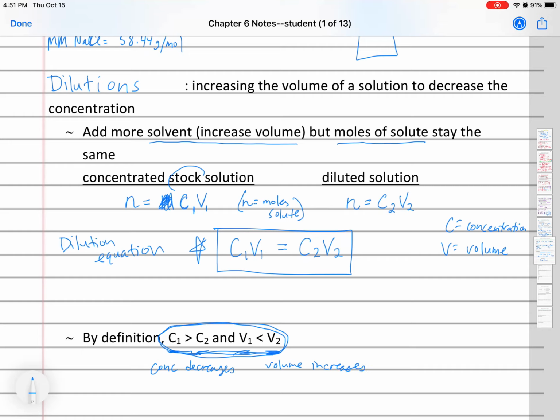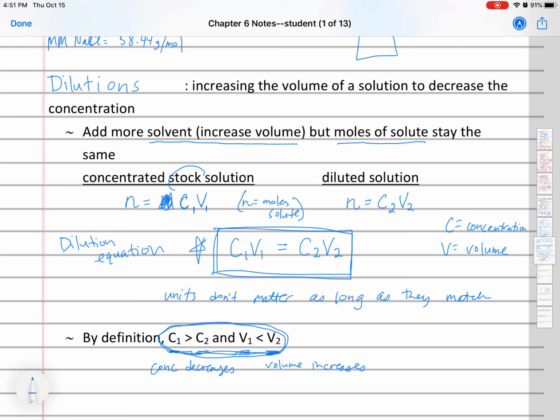Another thing about this formula here, the dilution formula, is that the units are not important. The units don't matter as long as they match. So in other words, it doesn't matter whether your volume is in liters or milliliters or cups or fluid ounces.